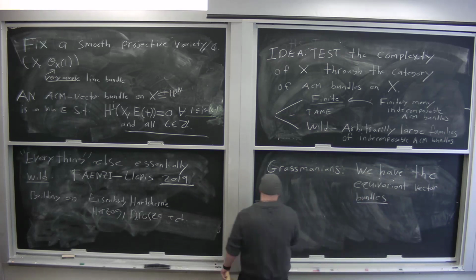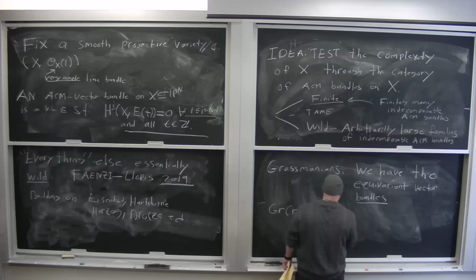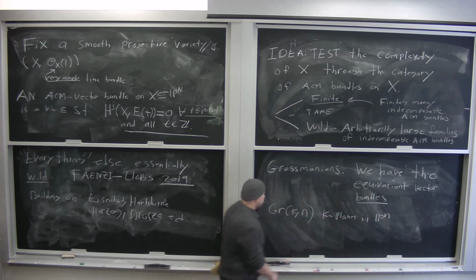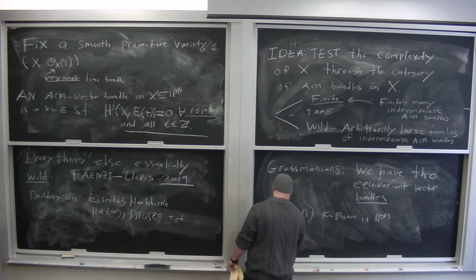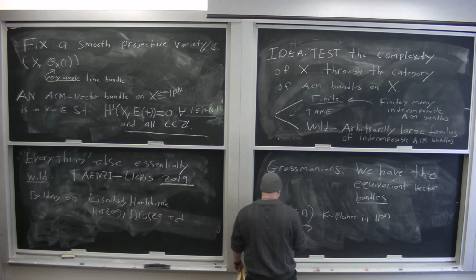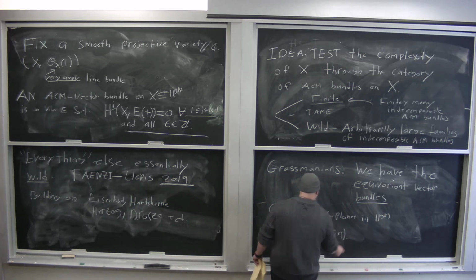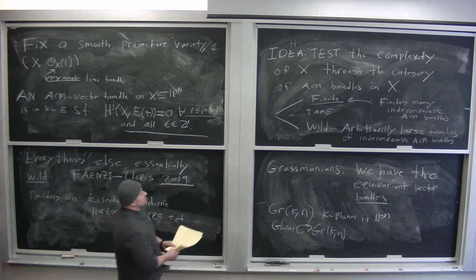So what I'm saying is that I've got, let's say, the Grassmannian of, let's say we'll use K-planes in Pn. And then I've got an action of GLN on this Grassmannian.